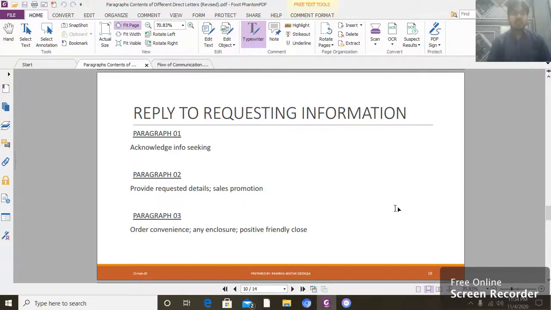And the second thing, any enclosure. For example, you are enclosing a brochure of your products or anything like that for the reader to read, so you enclose it with the letter and you mention that here as well in a sentence. That's it. And obviously then an appropriate friendly clause will always be there.